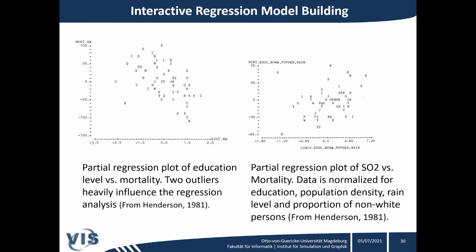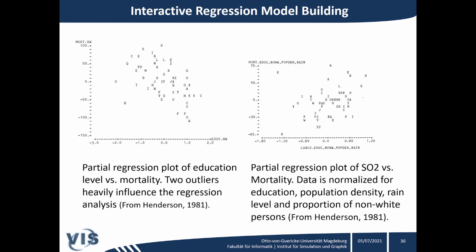A strong linear relationship in the added variable plot indicates the increased importance of the contribution of x to the model already containing the other predictors. Based on the partial regression plot outliers, we can identify the influence on the regression analysis.